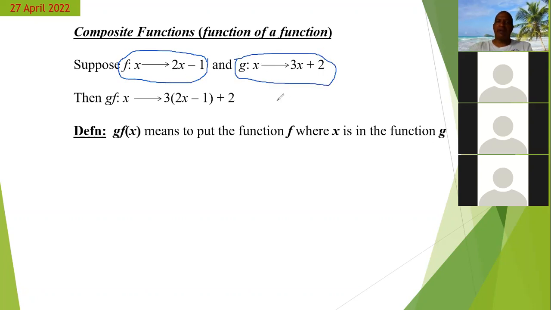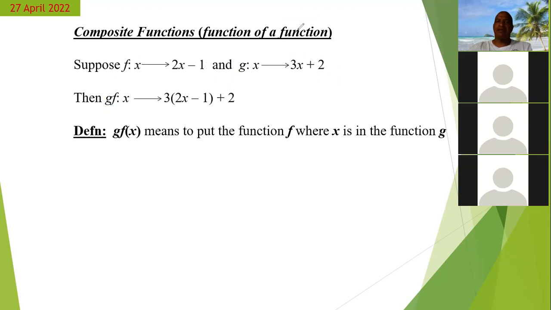So we have two separate functions, but we want to merge them into one function. So a composite function would be putting the function f into the function g. Now, what does that mean? It means that we are treating the entire function f.